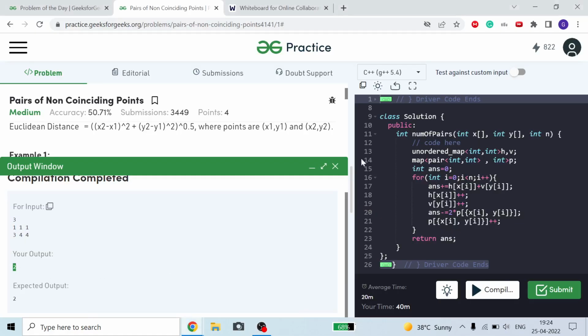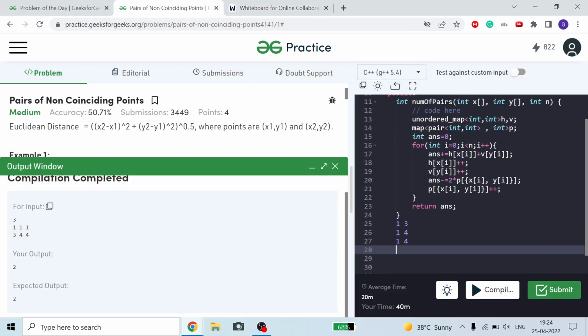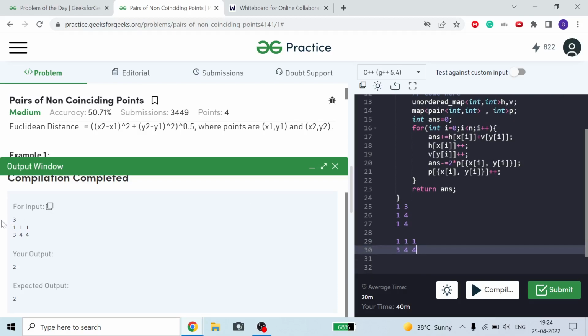Why is the answer 0 coming? Because I am giving the points as 1 3, 1 3 and 1 4. But I have to give the points as 1 1 1, first of all all the x coordinates, then all the y coordinates. So as I change the format, I get the answer as 2.